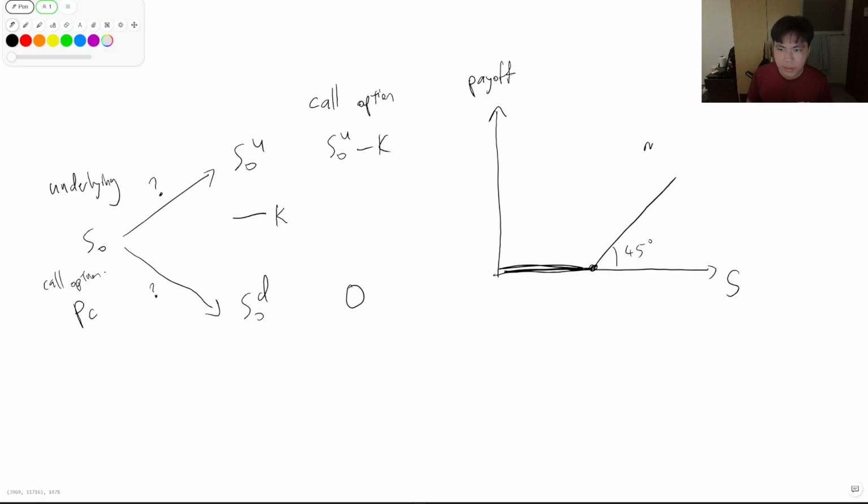This is max of S minus K, 0, where K is the strike price. If it expires out of the money, you never need to exercise the option. If it expires in the money, then you can buy at the strike price K and sell it on the free market at a price S, and then you gain a profit.